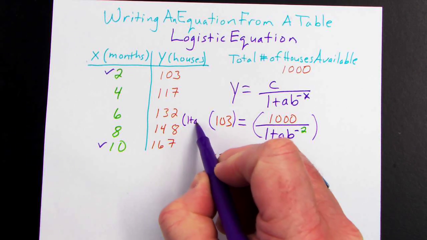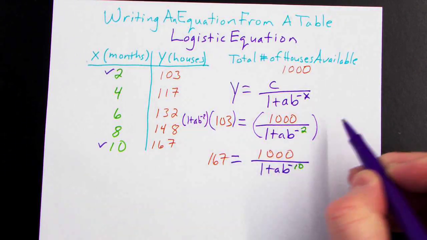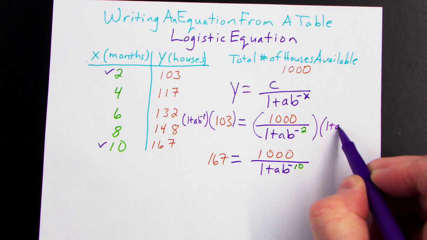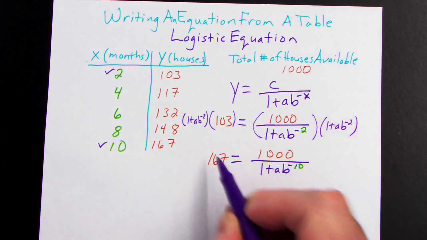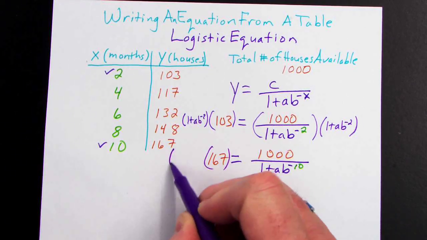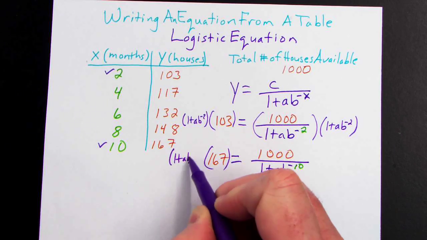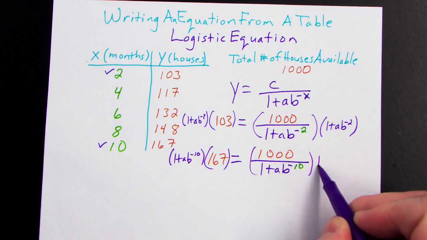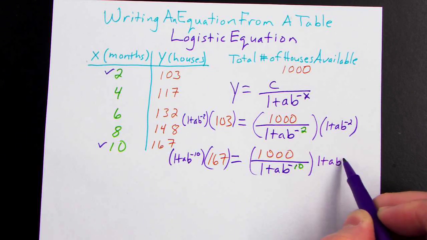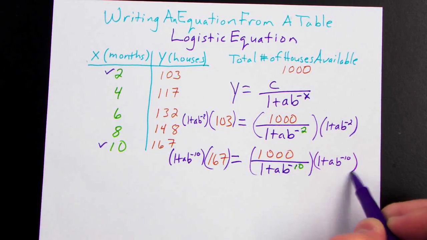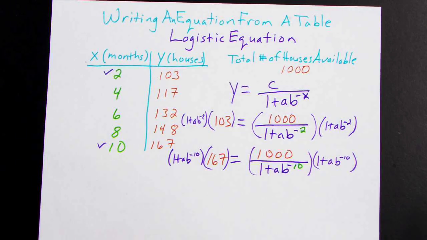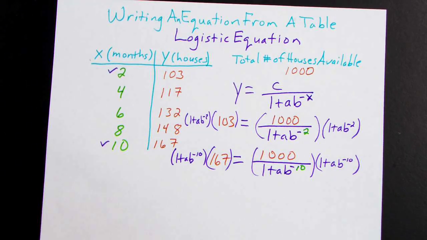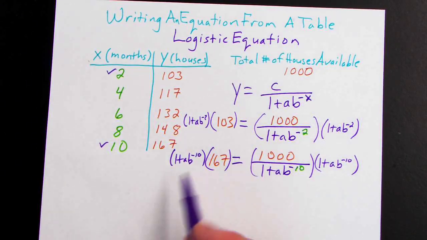The 1 plus AB to the negative 2 for the first one, and for the second one, it's 1 plus AB to the negative 10, on both sides. This way that'll divide out on those two sides, leaving me with just the 1,000 for that next line.